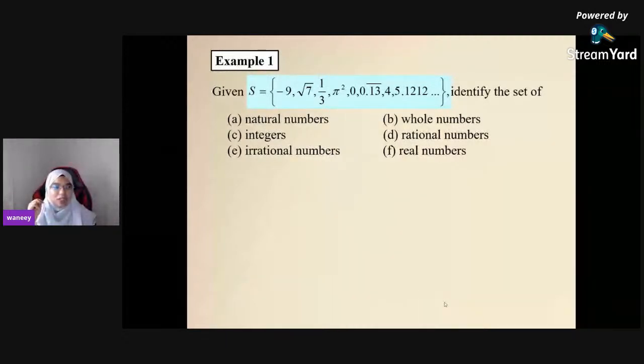So masih tak cukup je 2 minutes. I think 3 minutes lah. Better for me to give you 3 minutes. So I'll give you 3 minutes for you to check your answer. Not to check, to do.